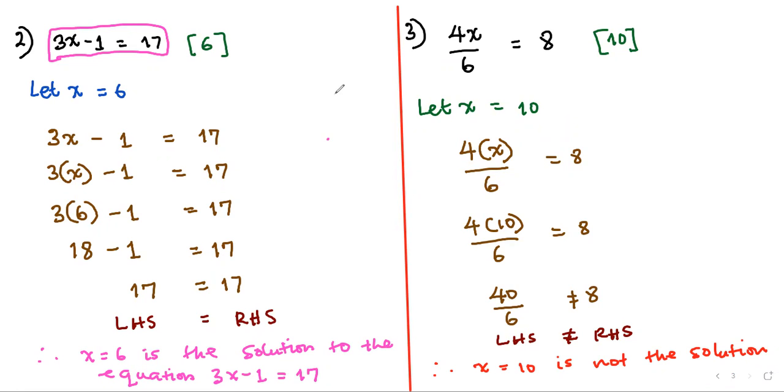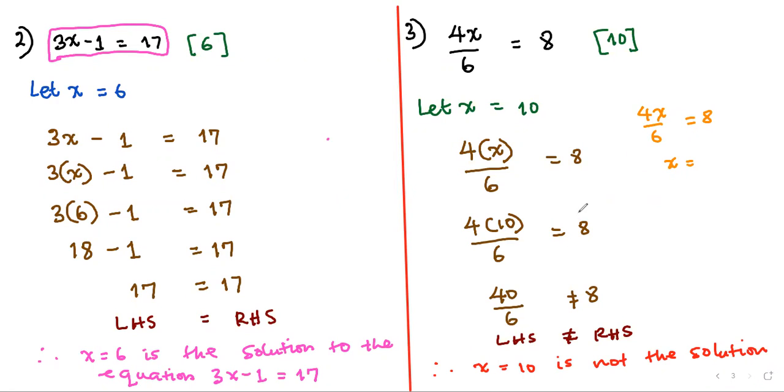By the way, what is the solution? Anyone who can tell me? If 4x divided by 6 is equal to 8, what is x? What should be the right answer? This is so easy. Think of a number times 4 divided by 6 is equal to 8. What number is that? 12.